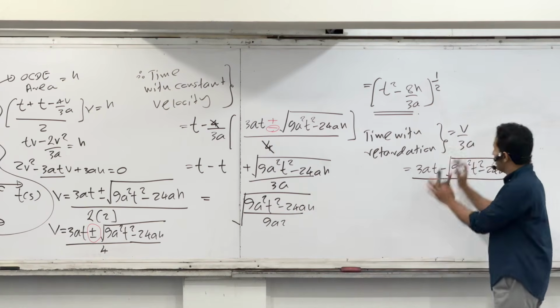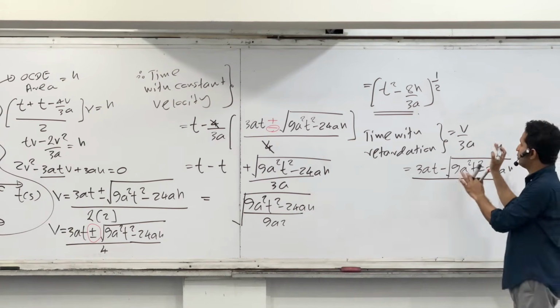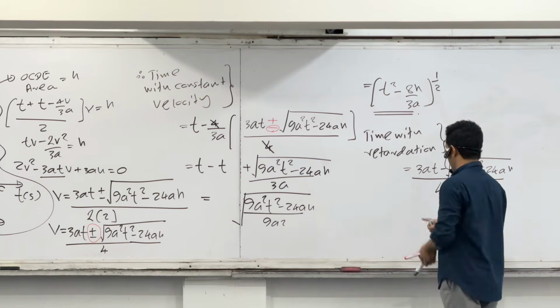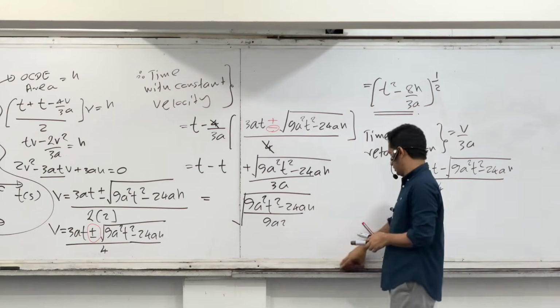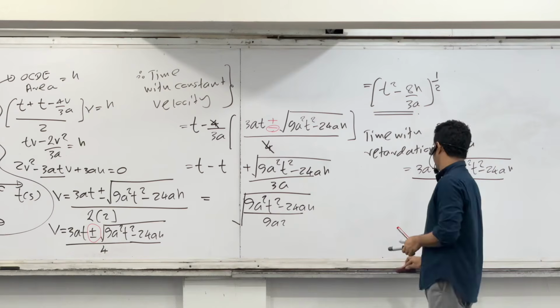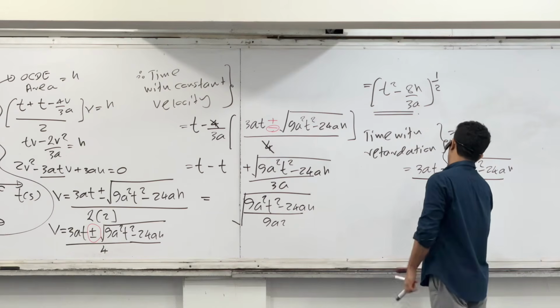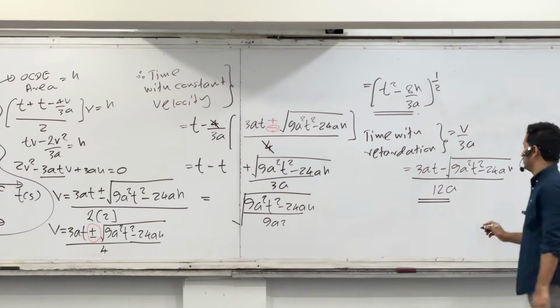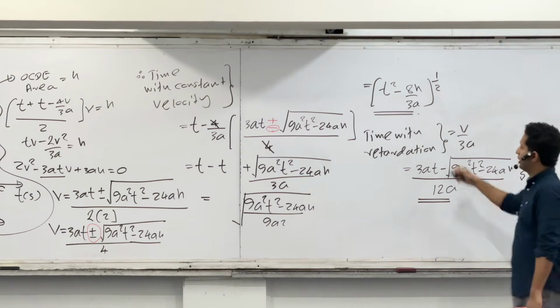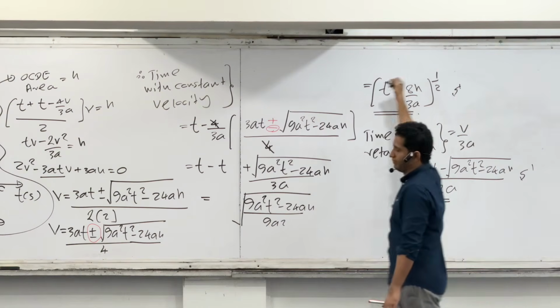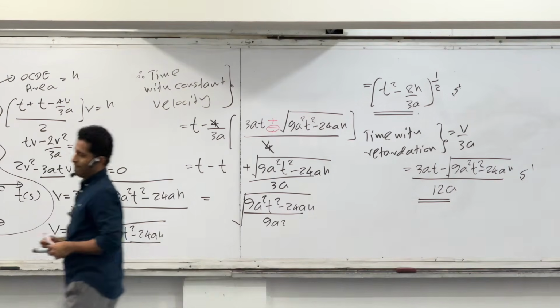That was v divided by 3a; 4 into 3 comes 12a. This is the time with retardation in seconds. Right, seconds. Be quick.